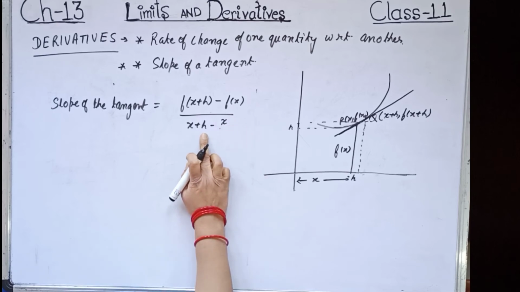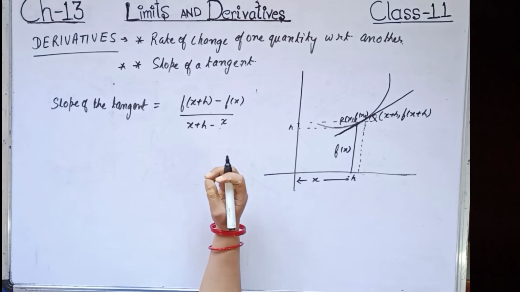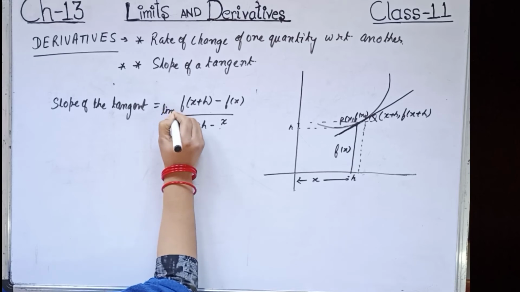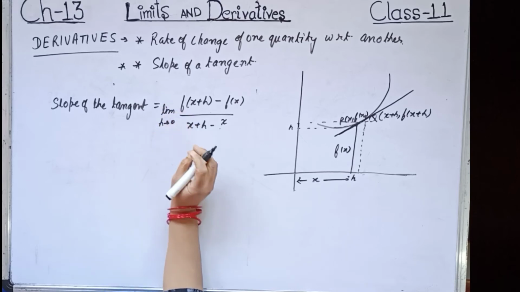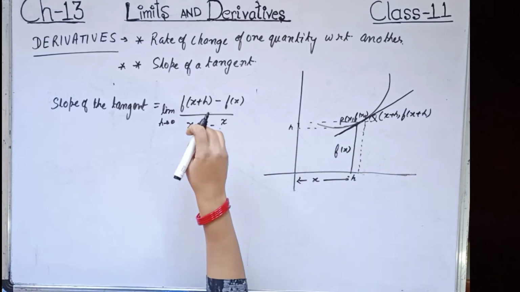Now over here this h is so small that we can write h is tending to 0. That is, in the limiting case h is tending to 0. So we can write limit h tends to 0. h is very small, it is 0.000001, so it is tending to 0.